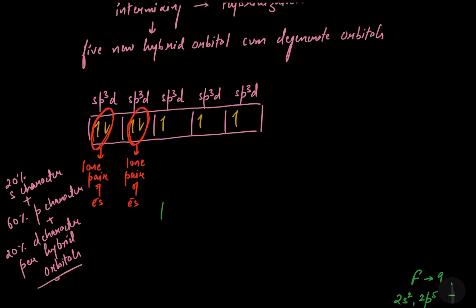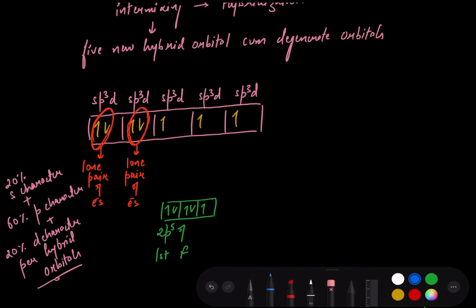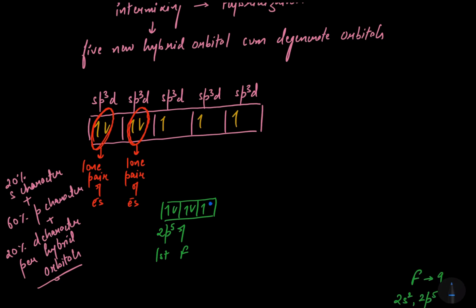Here I am marking the 2p of first fluorine atom, and we are having 5 electrons. So that's first, second, third, fourth and the fifth. So the atomic orbital which is having one electron will have head-on overlap with the sp3d hybrid orbital of bromine for the formation of sigma bond.